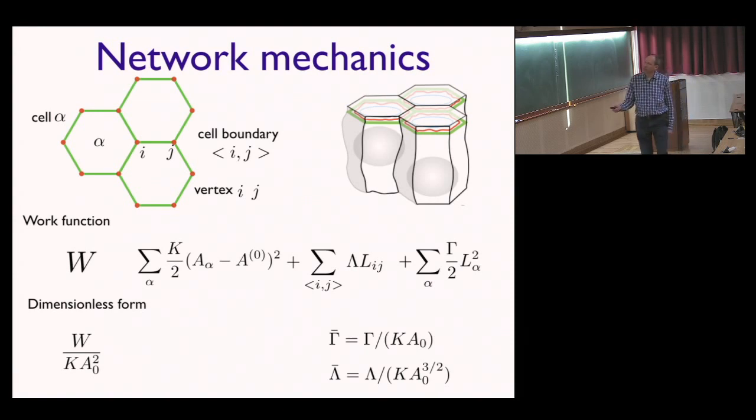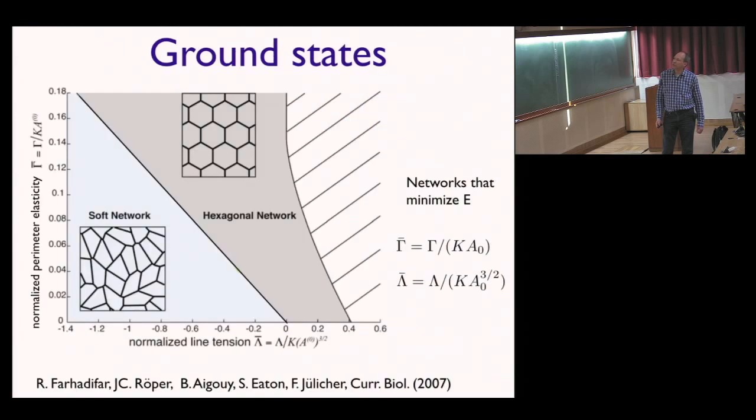We can do that by dividing everything by K A0 squared, since the unit of energy is the same as K times A0 squared. So this is dimensionless. And I can introduce two dimensionless versions of these two coefficients, which I call gamma bar and lambda bar. I have to normalize gamma with K times A0 to get a dimensionless number, and lambda with K times A0 to the 3 halves. So these are two dimensionless coefficients.